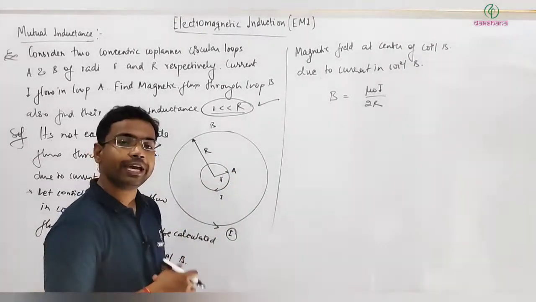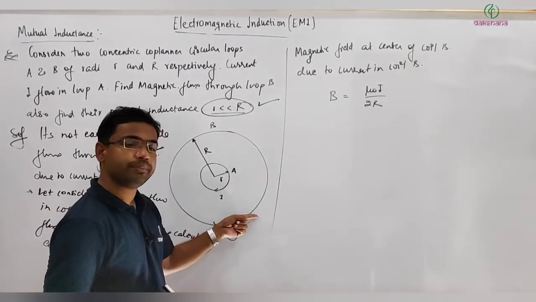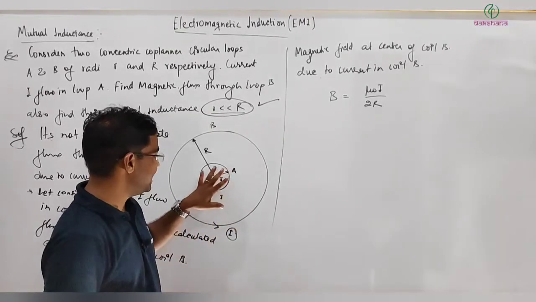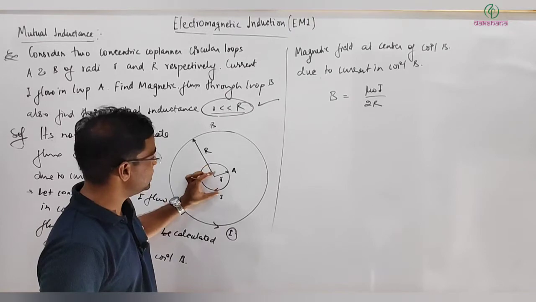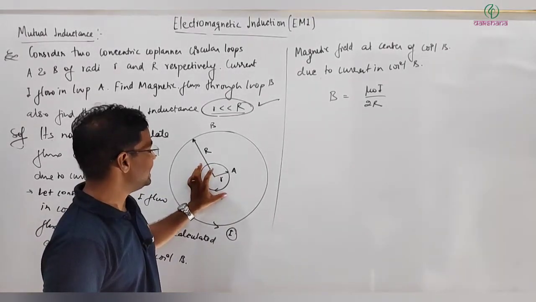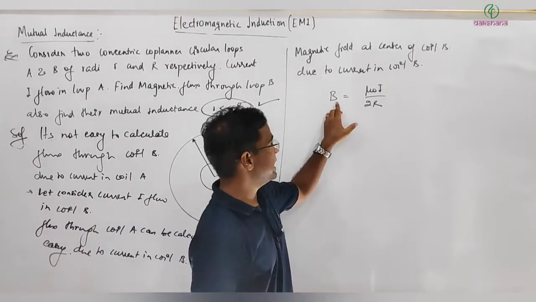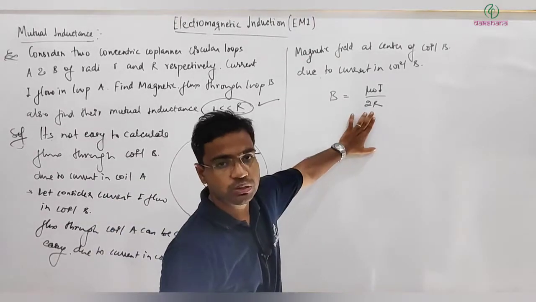So what I'm doing is, let's consider there is some current I flowing in coil B. I calculate the magnetic field due to this current at the center. Because this condition is assumed, I can say almost at the center the magnetic field is uniform. Understanding? Then I can easily get the magnetic flux through coil A. So I got the field at the center, meaning the field in loop A is almost equal to this.